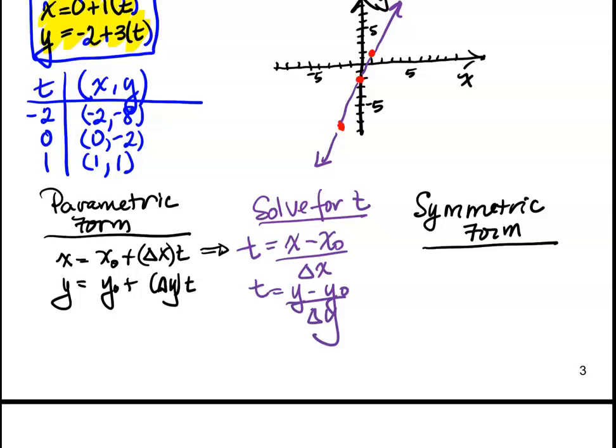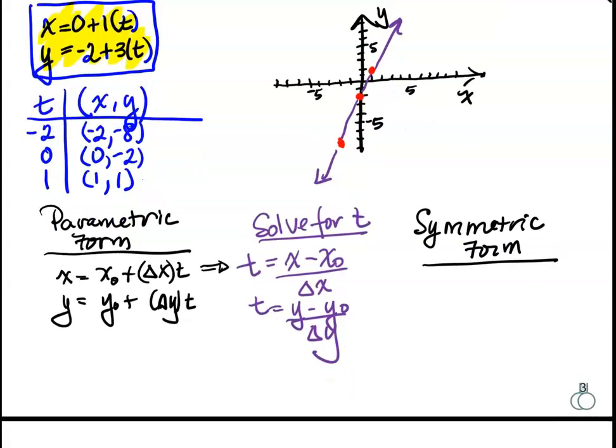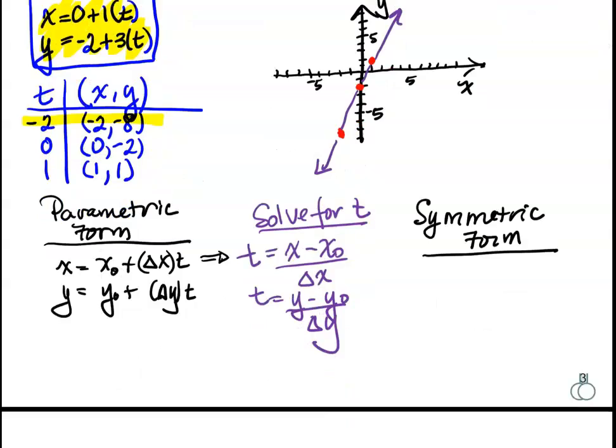Now recall, when we found these points on the line, we used the same t value to find both the x and the y coordinate. So when I am looking at this symmetric form, it is implied that when we solve for t, we are talking about the same t value, so that we can find x and y coordinates that are connected, that are an ordered pair.